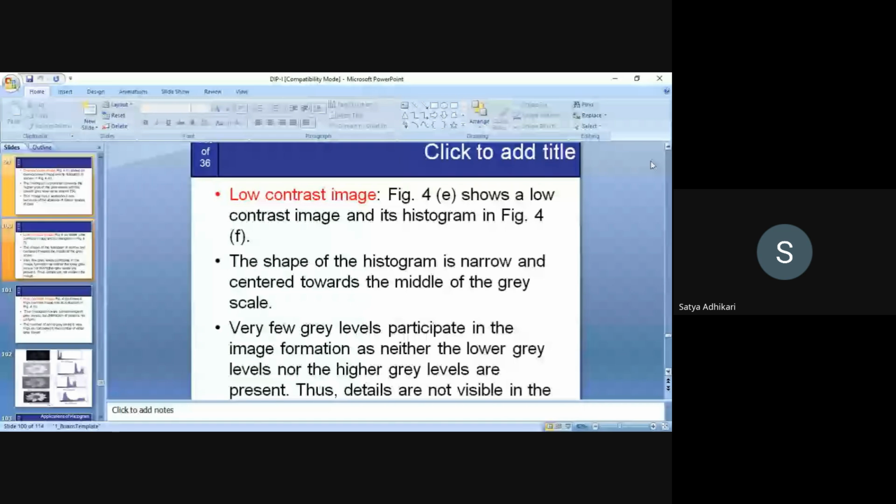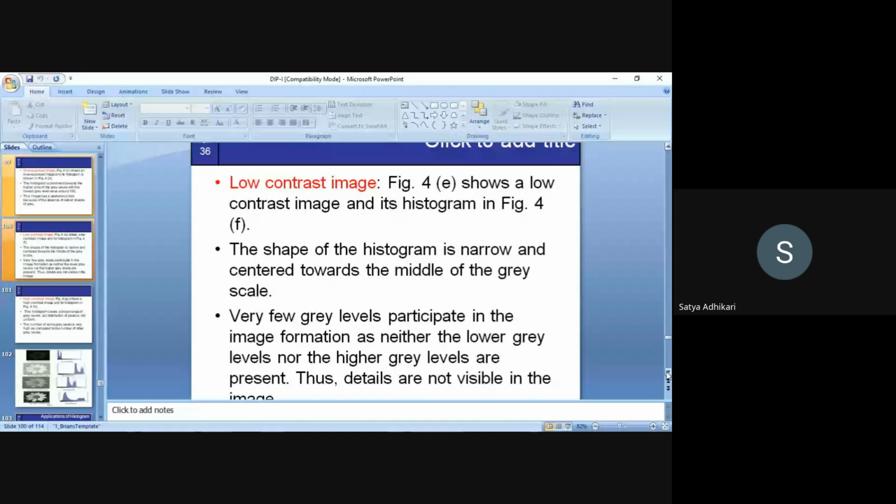As I discussed, all the lines are present in a given range, 100 to 200 or 180. So neither lower gray levels nor higher gray levels are present. That is why the details are not visible. You will not get the detailed information from that image.